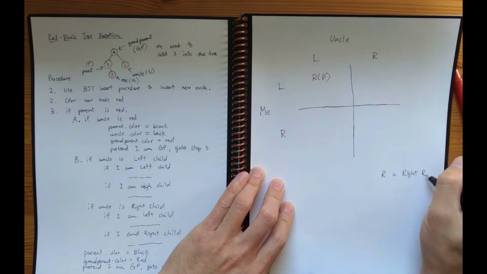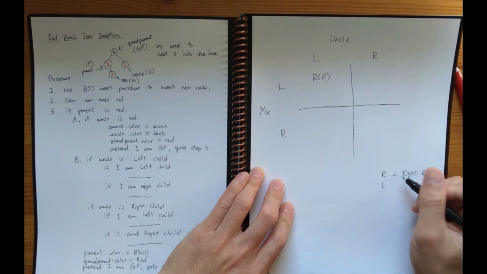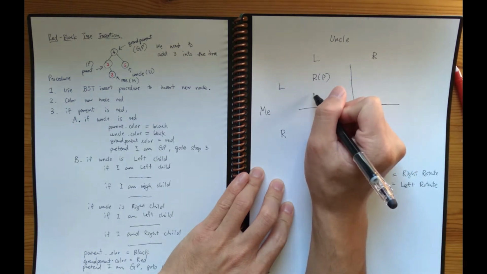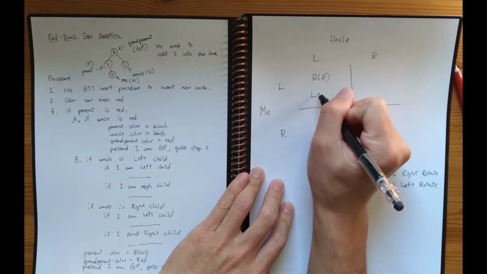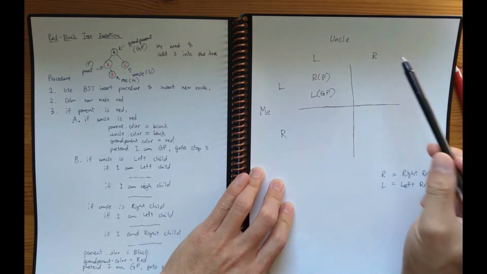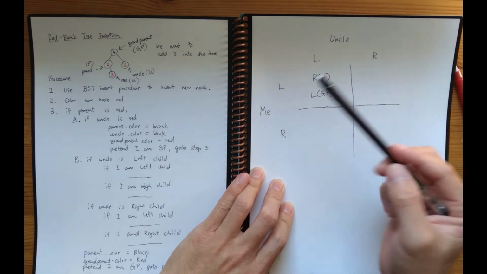We'll talk about what those mean in just a bit. And L means left rotate. So if we're in the LL situation, we're first going to right rotate our parent, and then we're going to left rotate our grandparent.